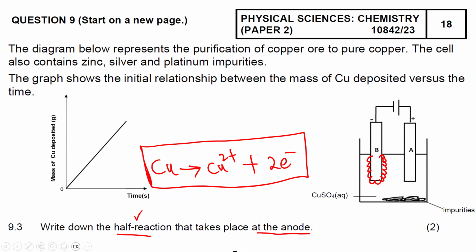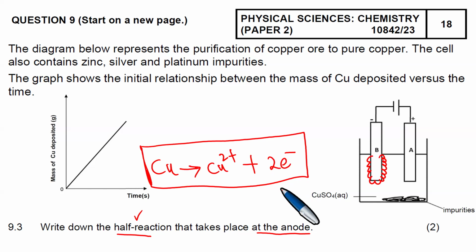So this one here, remember, what does this mean? Now you're able to see that copper is going to release 2 electrons.